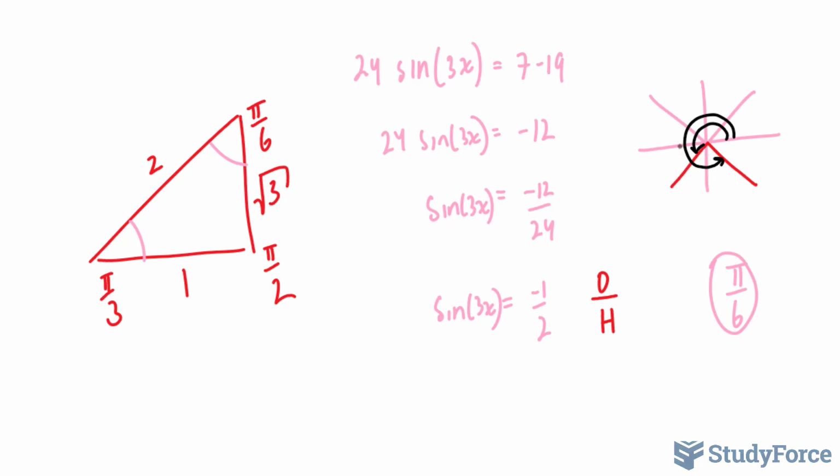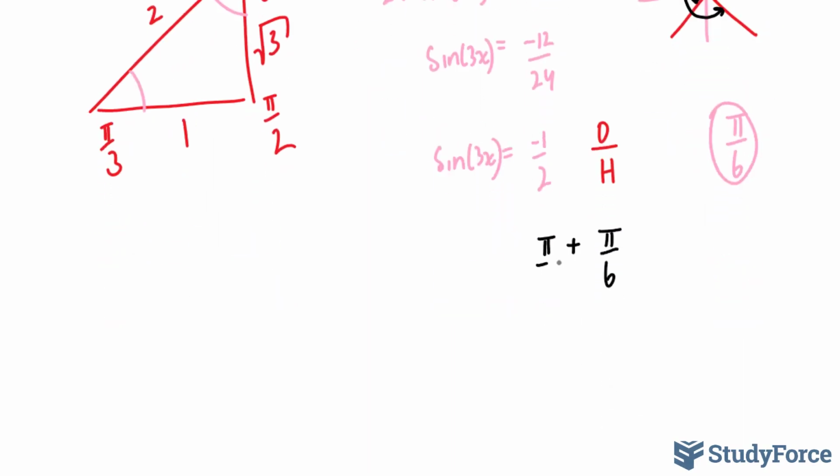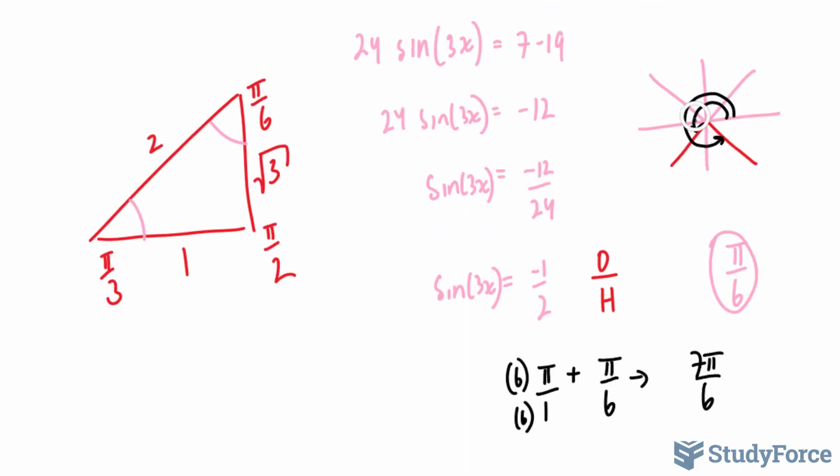To find this angle, what we're going to do is take pi and add it to pi over 6. And if we do that, we end up with, well, we need a common denominator first. We will end up with 7 pi over 6. So this angle right here, this one, is 7 pi over 6.